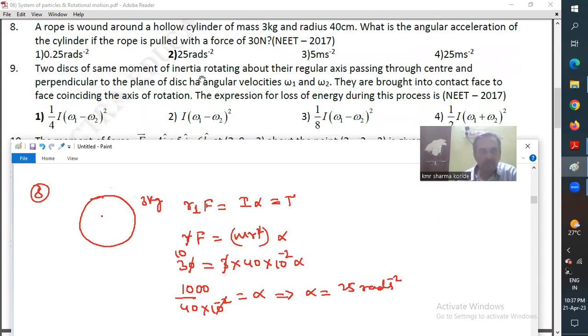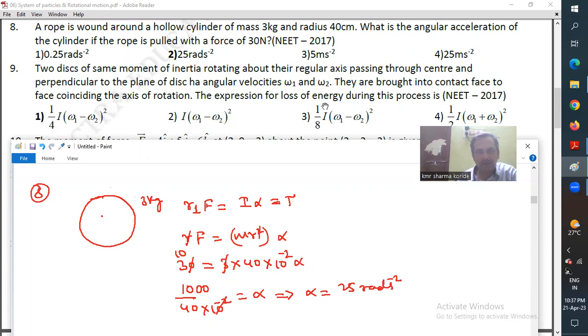Two discs of the same moment of inertia are rotating about their regular axis, passing through the center and perpendicular to the plane of the disc. The angular velocities are omega1 and omega2. They are brought in contact face to face, coinciding the axes of rotation.